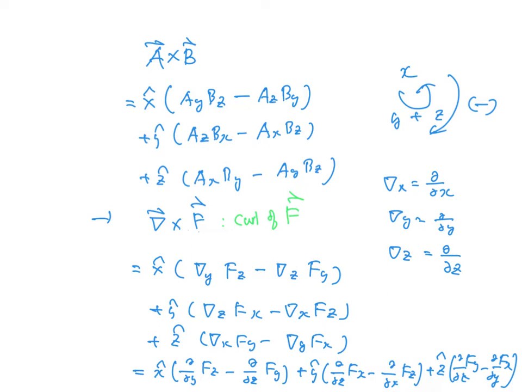And it has a name called curl. So far we have learned three different vector operations: gradient, divergence, and curl. Gradient actually gives the maximum change of a scalar function. Divergence and curl have different implications, and we are going to cover that maybe in the future, but not right now.